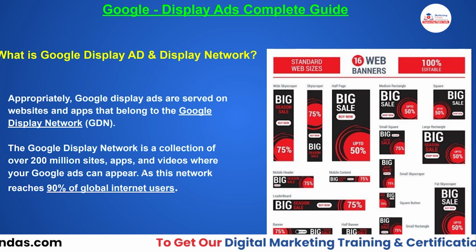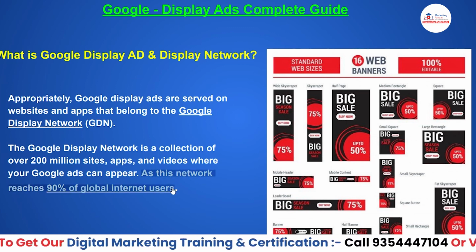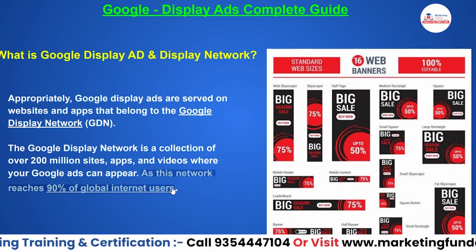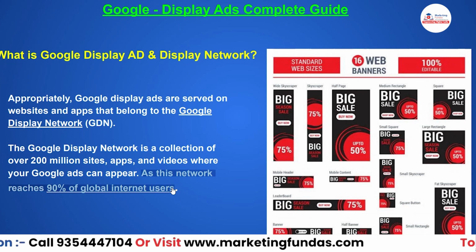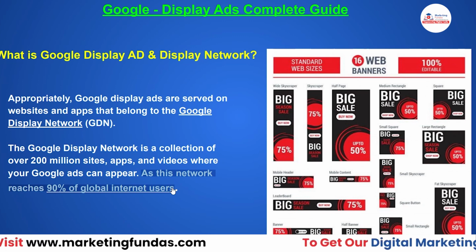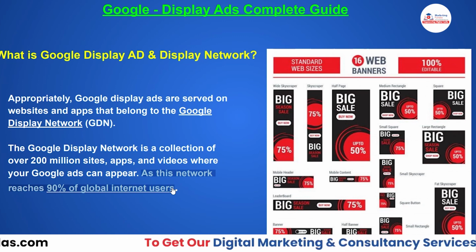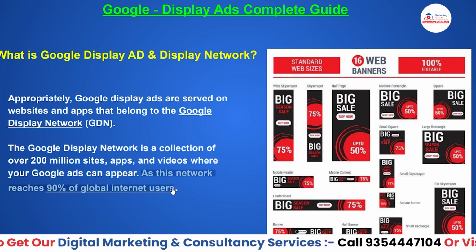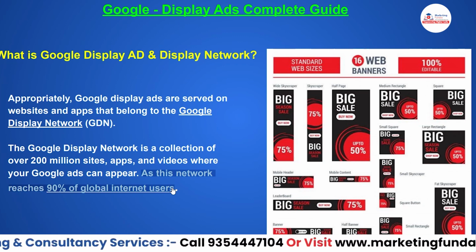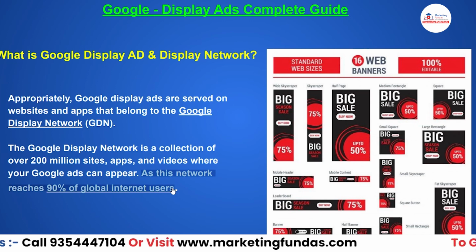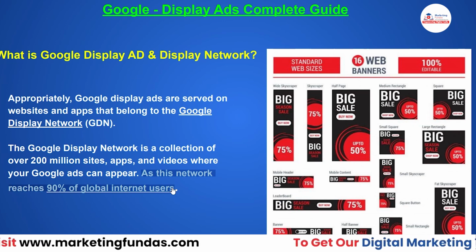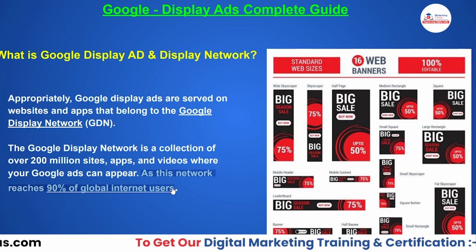Google can reach around 90% of global internet users. So you just have to pick Google display ads to market your product or service, and you'll have access to 90% of the users who are using the internet these days.